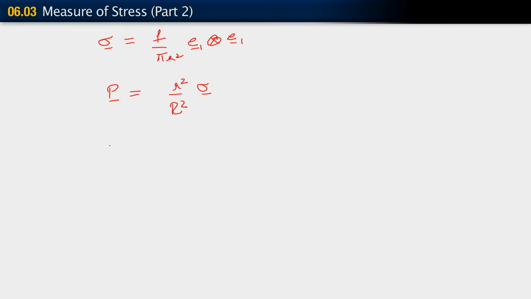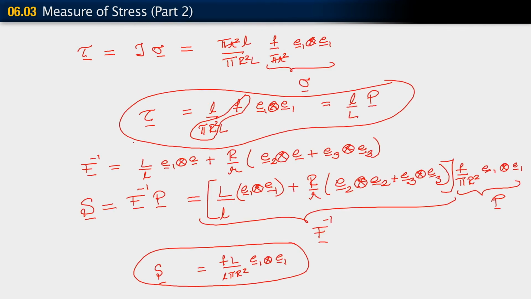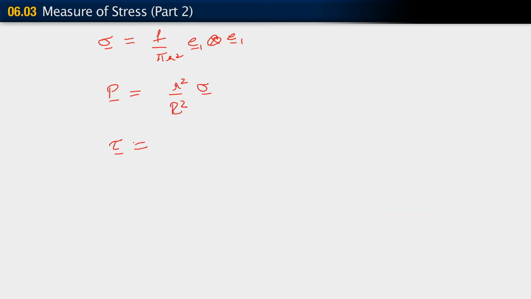Tau, what did we see? We related it to capital P. So tau was little l over capital L P, which is now l R square over capital L R square sigma.